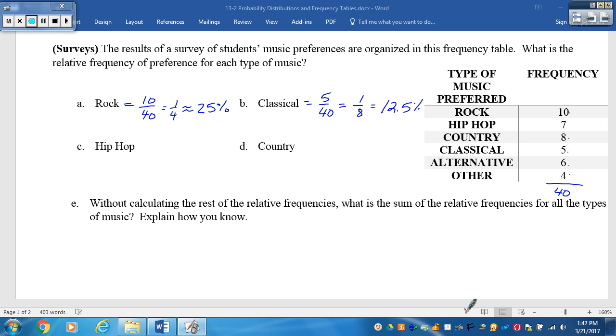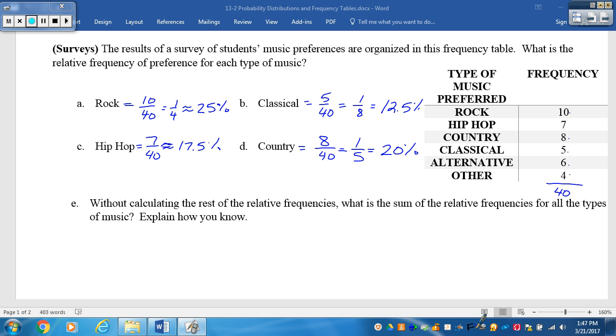For hip hop, we're looking at 7 out of 40. 7 is prime, that can't be reduced, and as a percentage, we're looking at approximately 17.5% for the hip hop music. Then for the country music, we've got 8 out of 40, and that'll be a 1/5 probability, or a 20% chance.